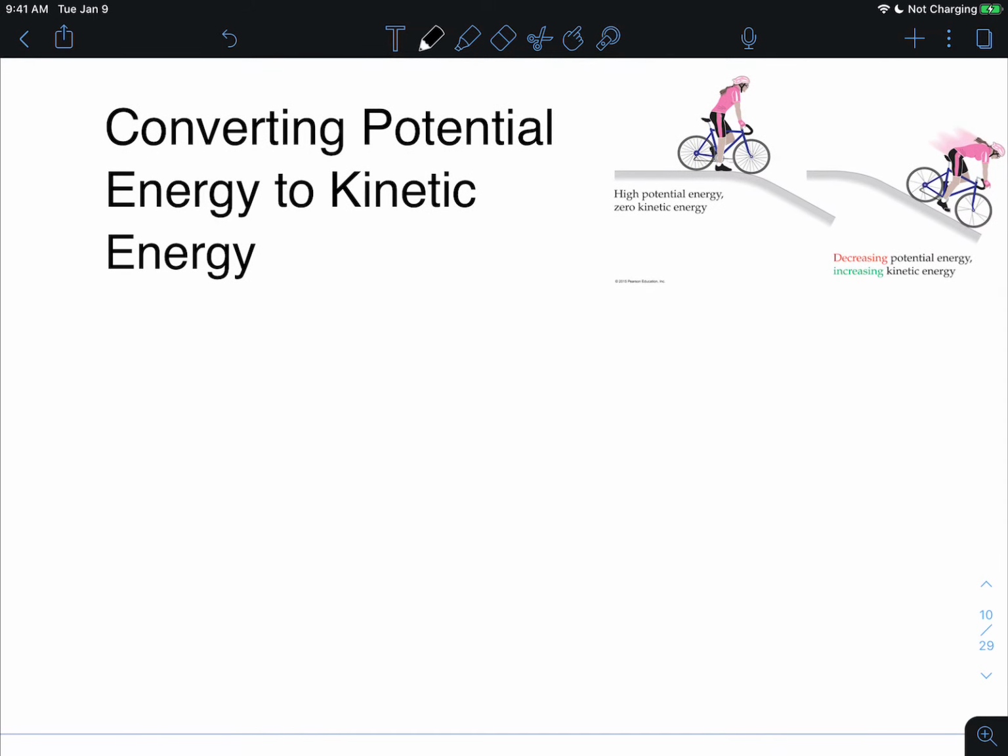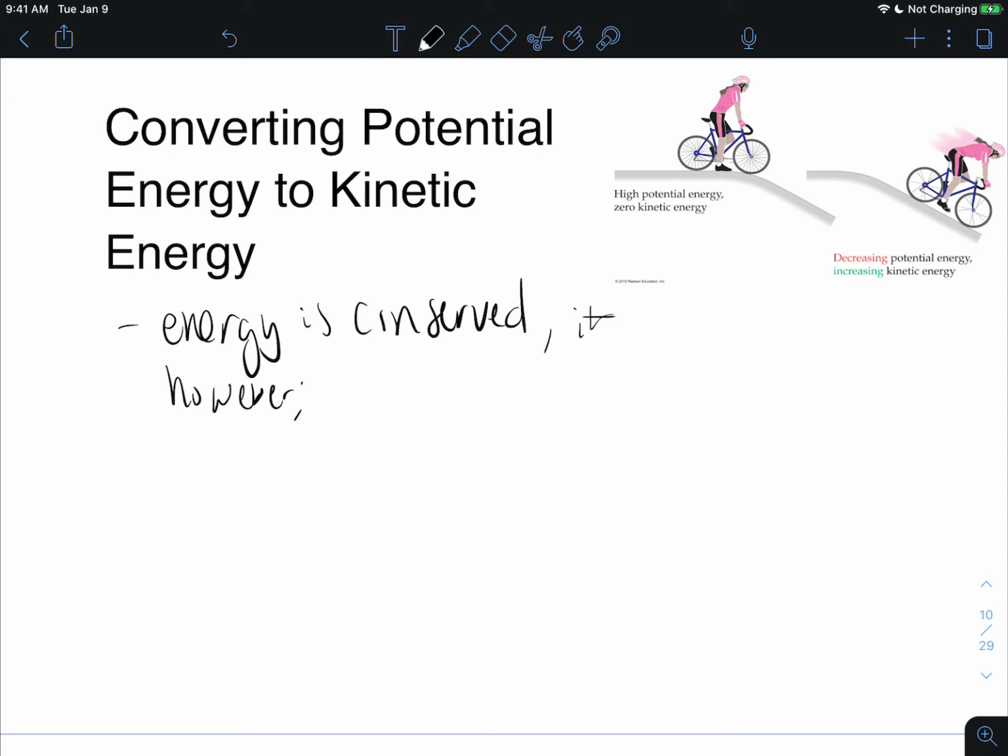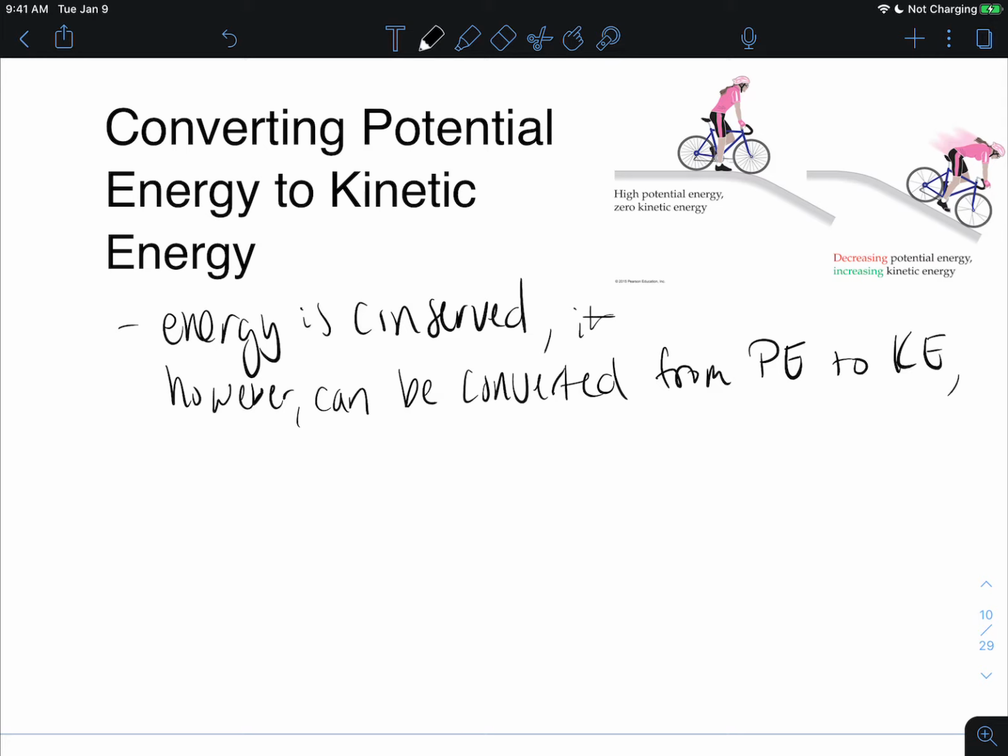When we're thinking about kinetic and potential energy, they can convert between the two. So energy is conserved, so we can convert between kinetic and potential energy. It, however, can be converted from potential energy, PE, to kinetic energy, KE, and vice versa.